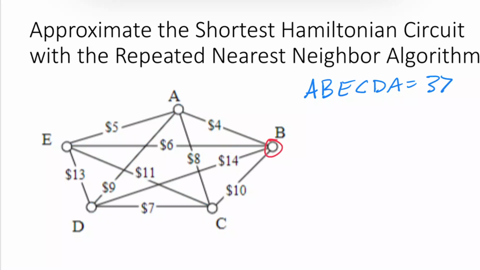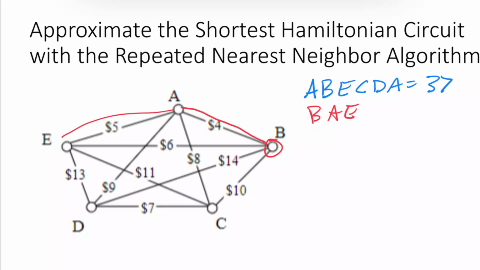And then if I start at B, I would go to A and then to E. So we'll go B to A to E. And then I don't want to go along the 6 edge, because that would take me back to a vertex that I've already visited, and I'm not ready to close up the cycle yet.